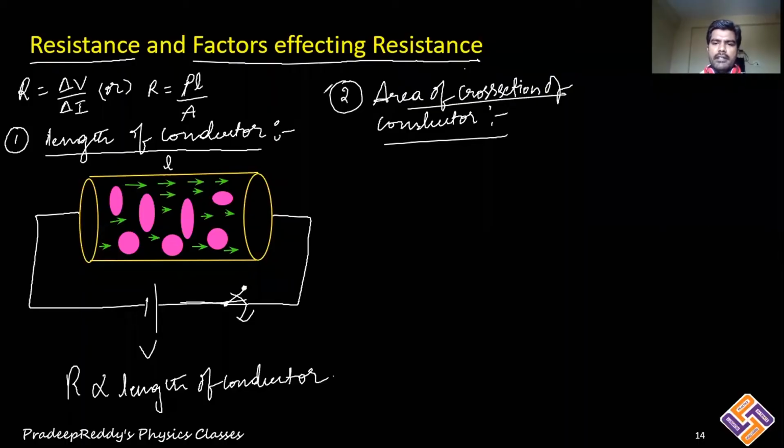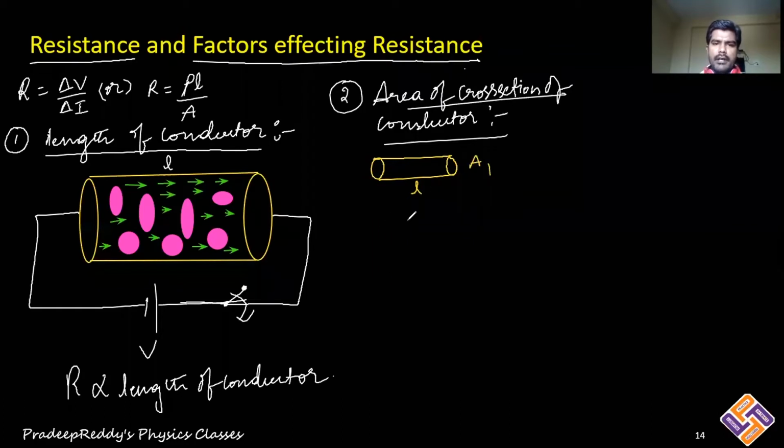So the second factor upon which resistance depends is area of cross section of the conductor. Now let us take two different conductors of same length but different area of cross section. Let me take, this is one conductor of length L, but area of cross section is A1.